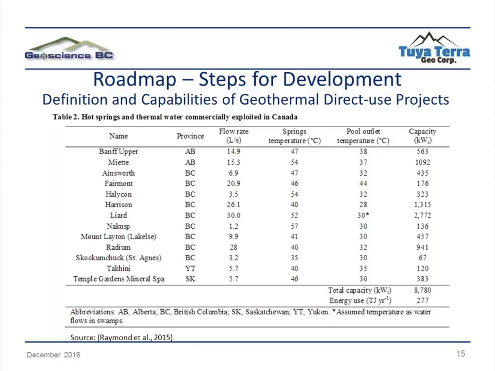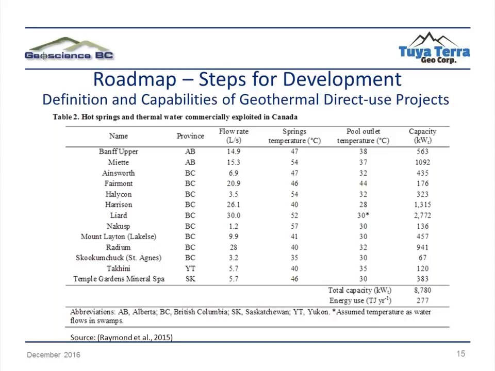And so this really here is showing you the characteristics of that resource as a geothermal system. You've got the flow rates, you've got what the spring temperature is at the source of the spring waters, and then what the temperature of the waters are being used at for the actual commercial development.